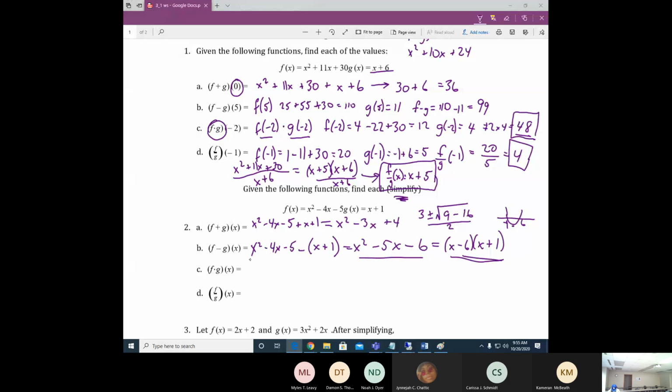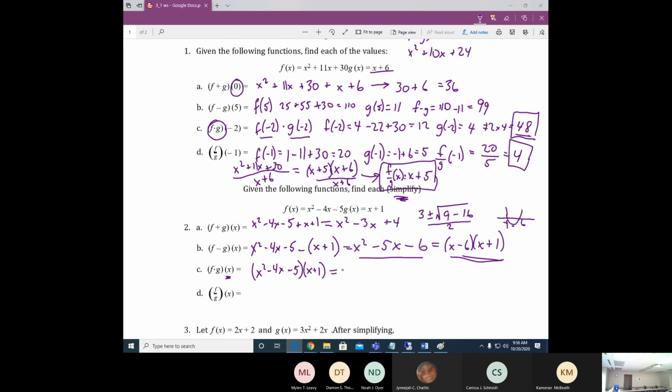Multiplying it out, this one gets a little tougher because I do have to do the multiplying since there is not a specific value. So we better just go through the work of multiplying it. Put the parentheses in here now because you're going to be doing some multiplying. x squared minus 4x minus 5 multiplied by the quantity x plus 1. So let's multiply x by everything and then multiply 1 by everything and add them.